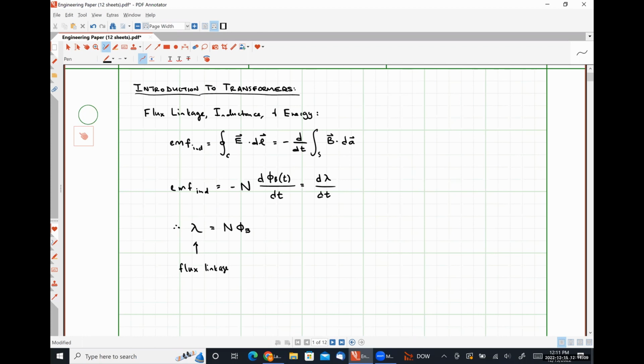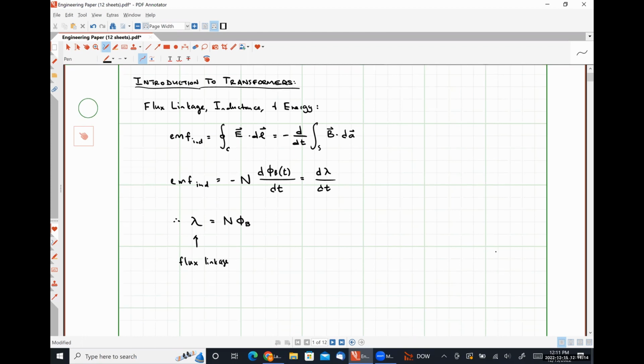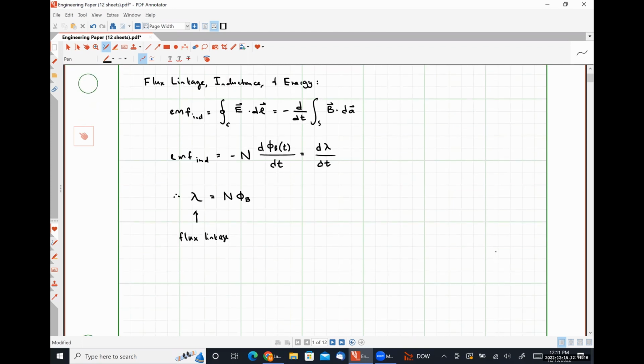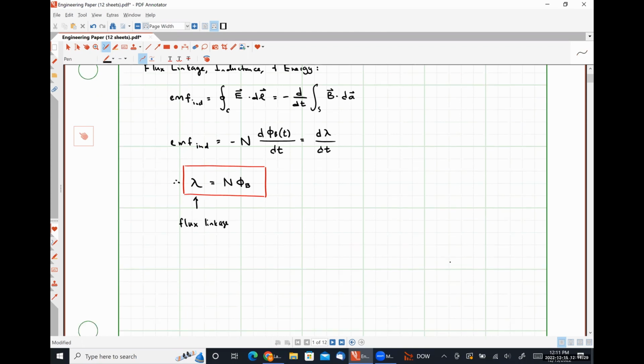The flux linkage is also related to another important quantity called the inductance. Let me put a box around this because this is an important equation that we're going to see and use a lot. And then the next important equation that we're going to use a lot is that lambda, our flux linkage, is equal to L, our inductance, times I, which is the current causing the flux.